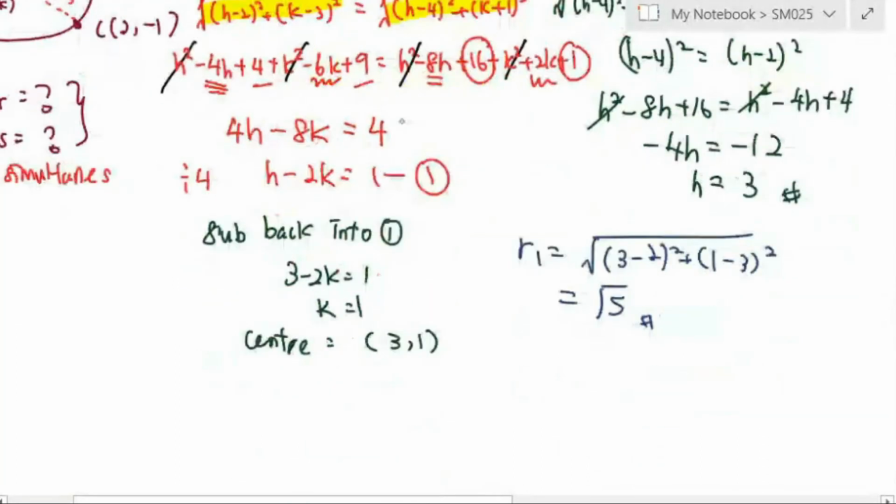Finally, we can build out the equation. Therefore, the equation will be (x minus 3) square plus (y minus 1) square equals 5, the radius square. So that is the equation of the circle.